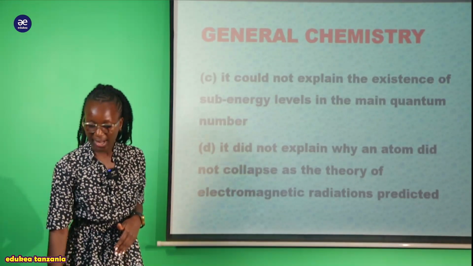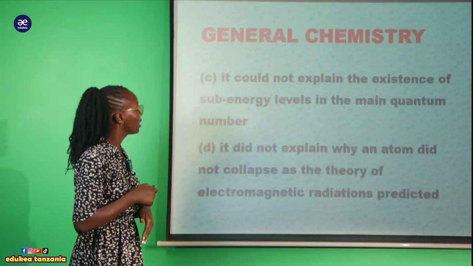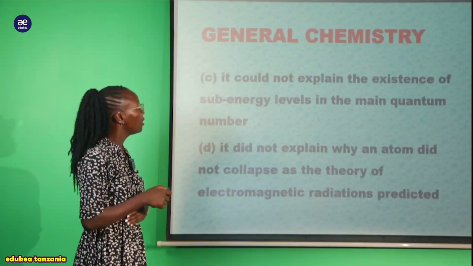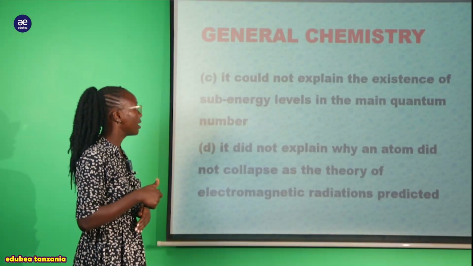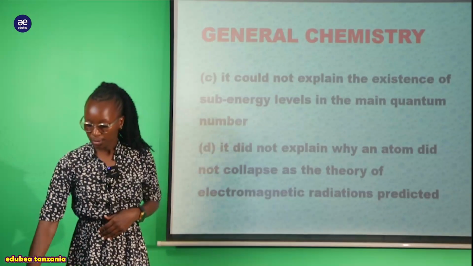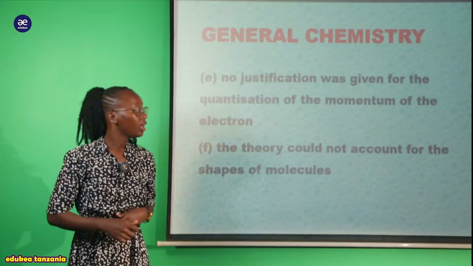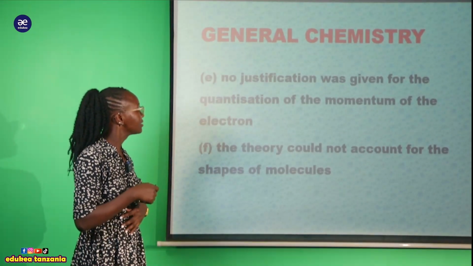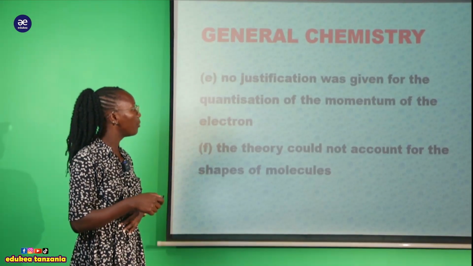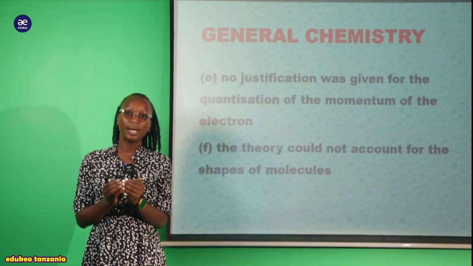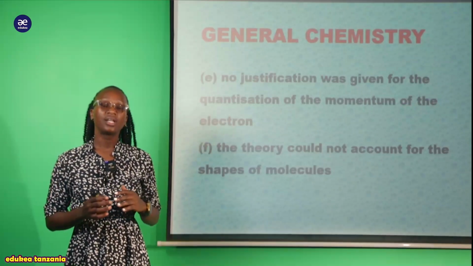Okay, another shortcoming of Bohr was that he could not explain the existence of sub-energy levels in the main quantum number. I've said it. Another one is no justification was given for the quantization of the momentum of the electron. Tuliona tu kwamba the angular momentum of those electrons is quantized.